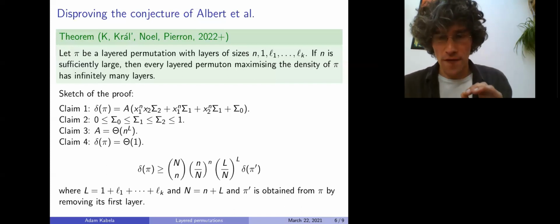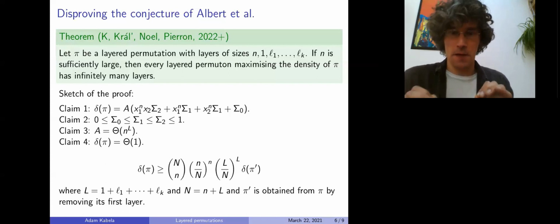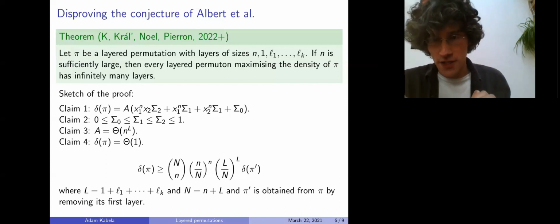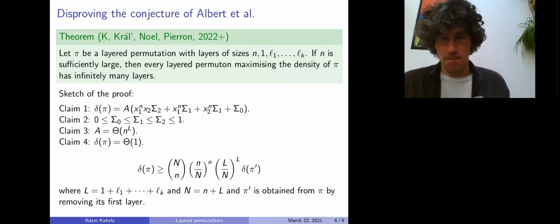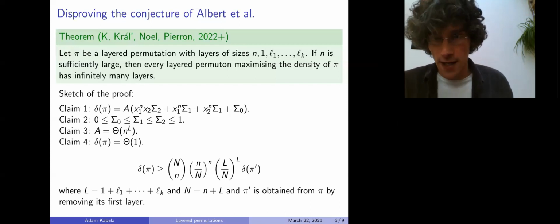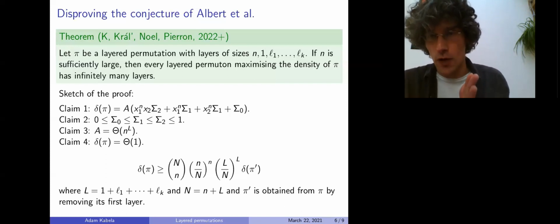So we think of permutation pi prime, which is simply the permutation obtained from the pattern considered by removing its first layer. So pi prime, in other words, is a layered permutation having k plus 1 layers of sizes 1, L subscript 1, L subscript 2, etc., L subscript k, respectively.